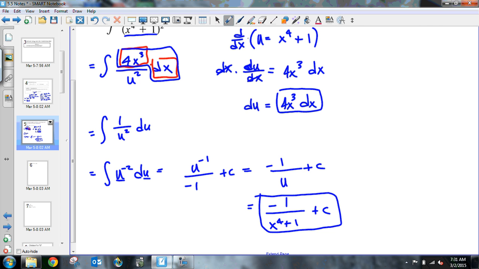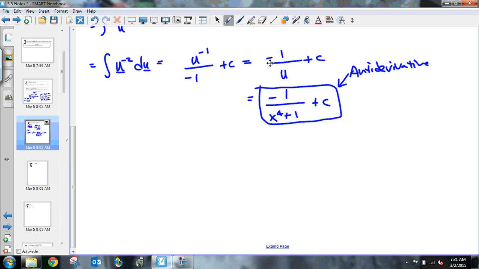All right, how can we tell if this is the correct antiderivative? Well, we can just take the derivative. So I could do d/dx of negative 1 over x to the fourth plus 1.